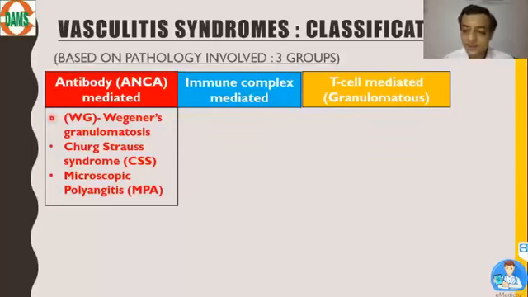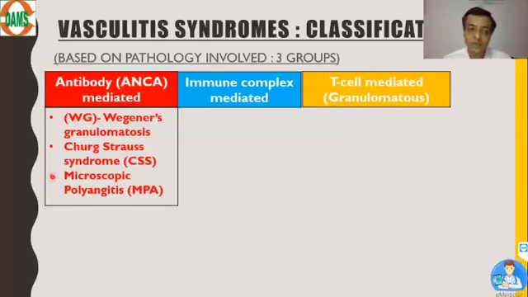Please write the short form also for future reference. Number 2 is Church-Strauss syndrome, and there is the disease microscopic polyangiitis. So under ANCA mediated vasculitis, we have Wegener's granulomatosis, Church-Strauss syndrome, and microscopic polyangiitis.